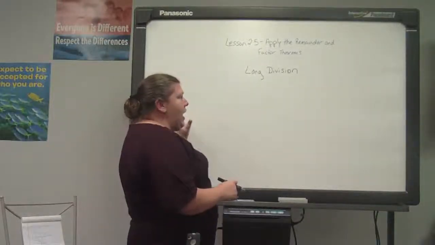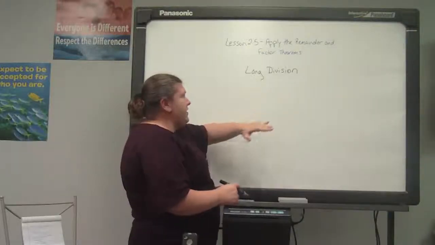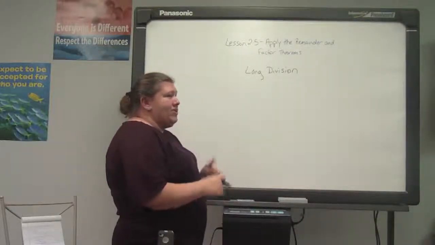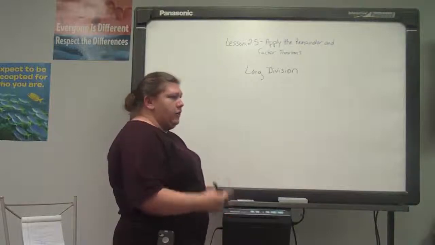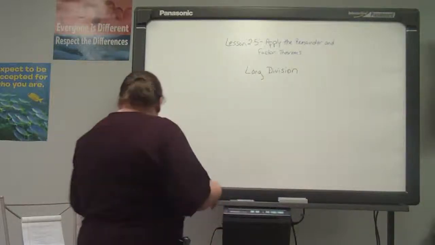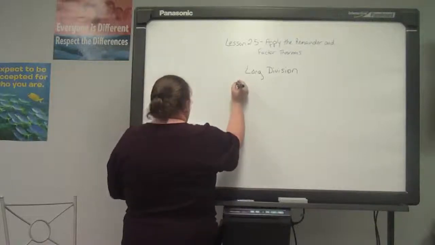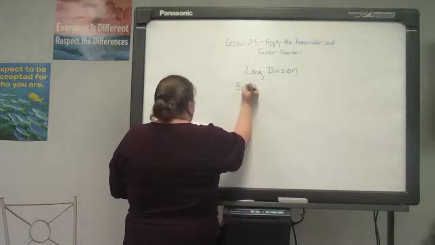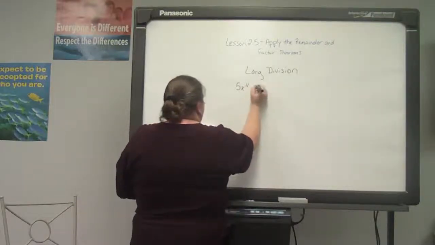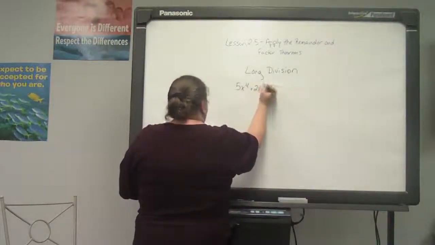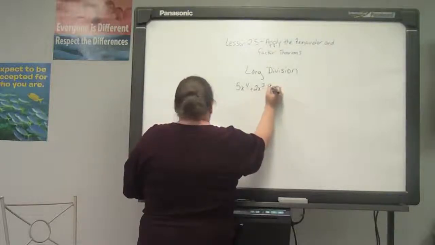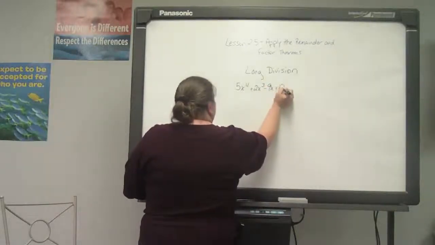That way you can see how to use it, and it is in the same format as our original long division from elementary. So I've got my function, which was originally 5x to the 4th plus 2x cubed minus 9x plus 12.